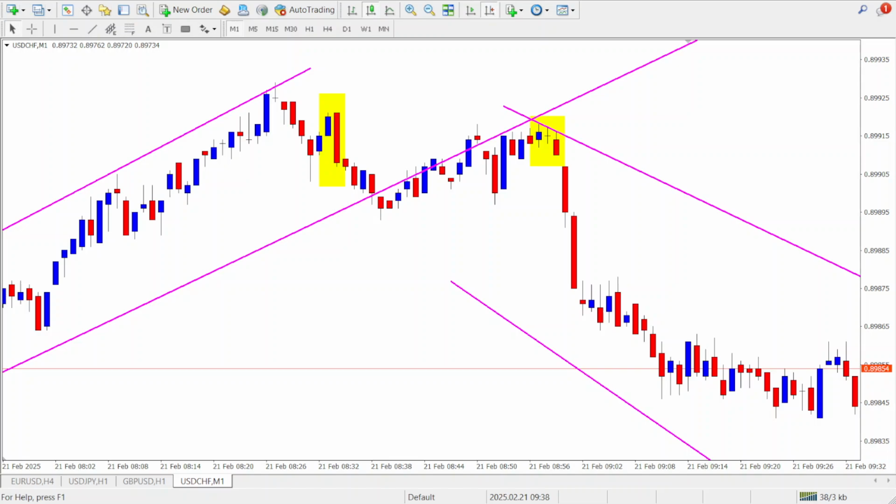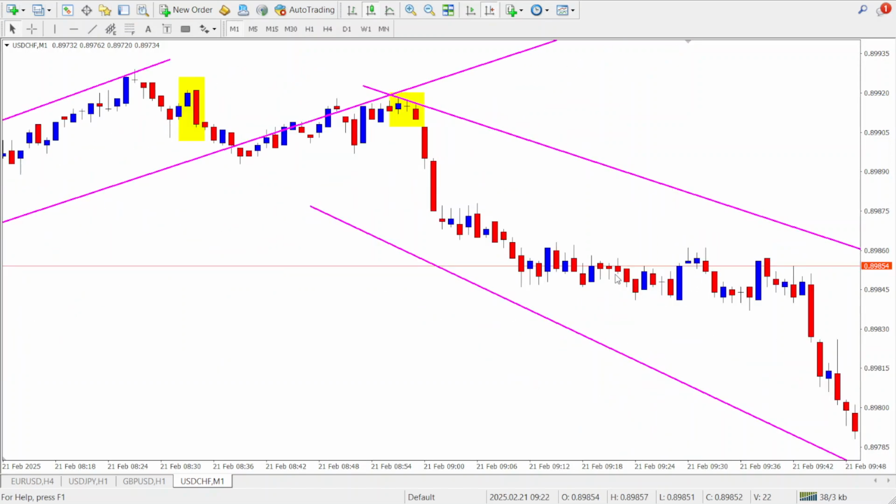Now, here's where things get interesting, right? One of the most powerful concepts in smart money trading is understanding institutional order flow. What this means is that institutions tend to move in large orders, and they can't just execute their trades without affecting the market, right? So this is why we see big moves and price manipulation at key levels. Now, these institutions are placing massive orders to get in or out of the market.